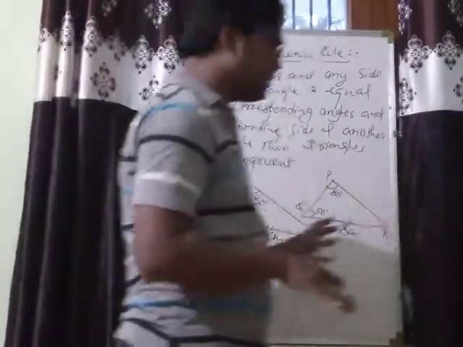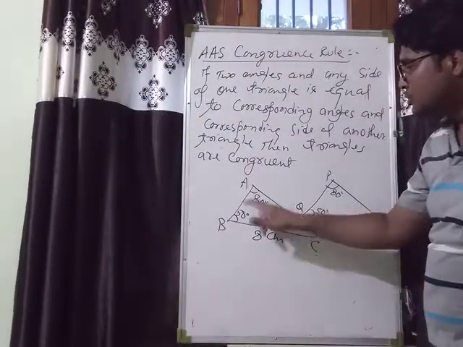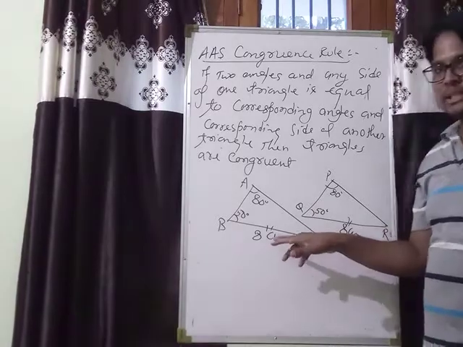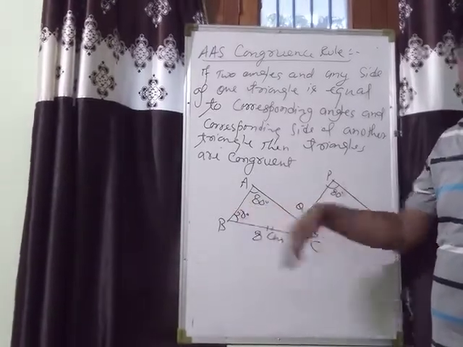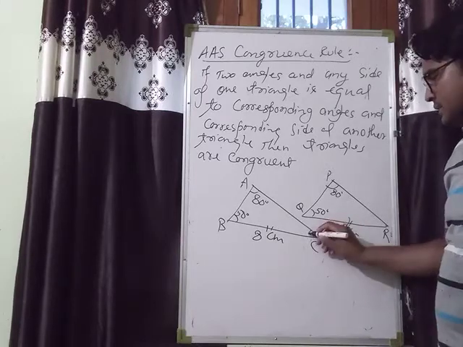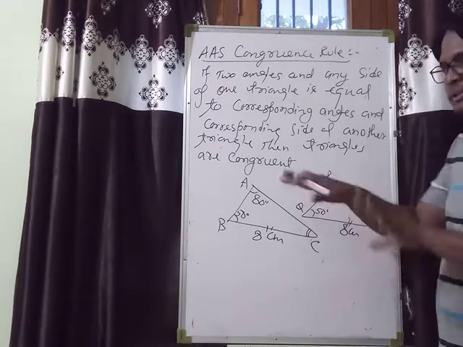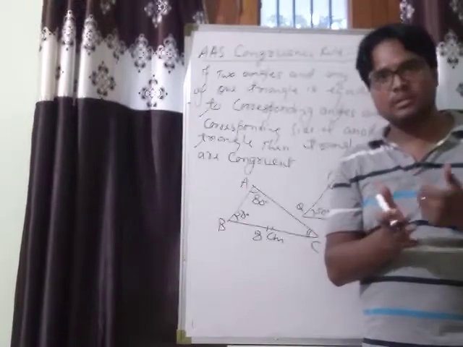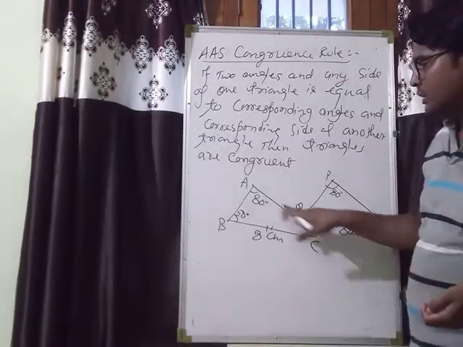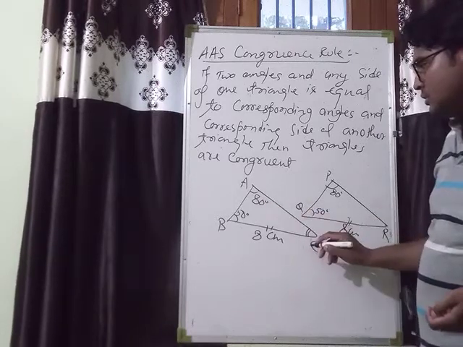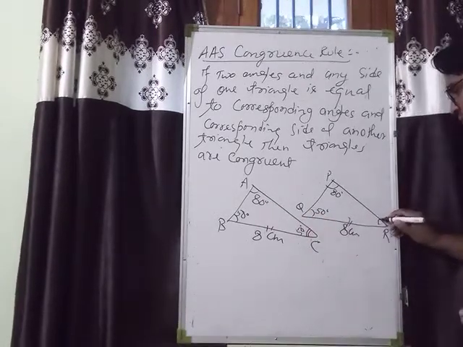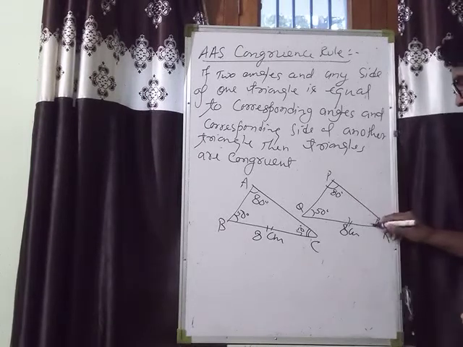So you can see here, these two angles are equal to the corresponding two angles, and this is the excluded side, not between these two. But what will be the measurement of angle C? Because the sum of all angles in a triangle is equal to 180 degree, it will be 50 degree. And in this case, this is also 50 degree.